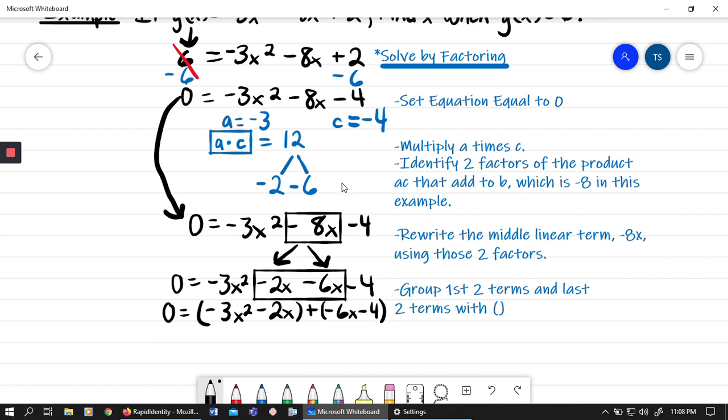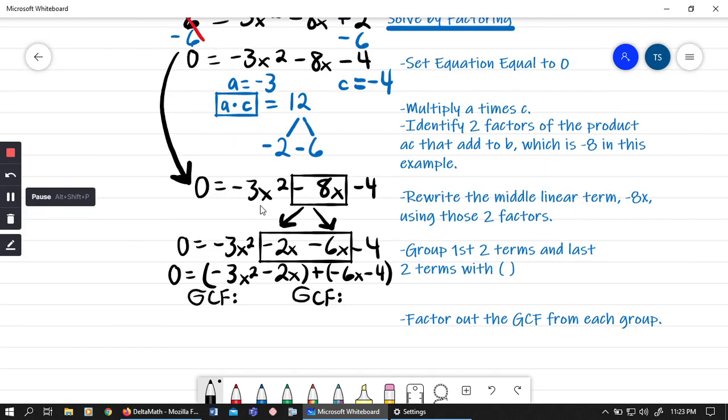Now that we've got these grouped, since we're solving by factoring and factoring by grouping, we want to factor out the GCF from each group. The greatest common factor from the first group is x, and from the second group is 2.